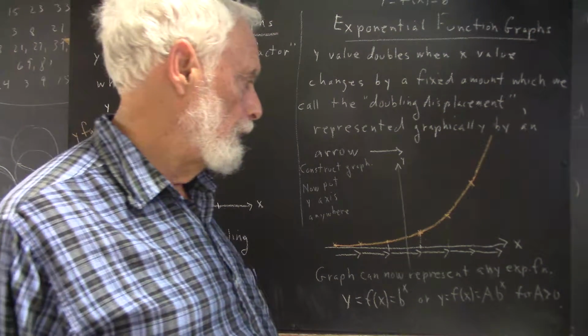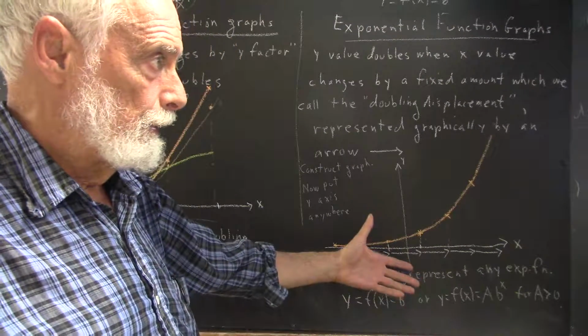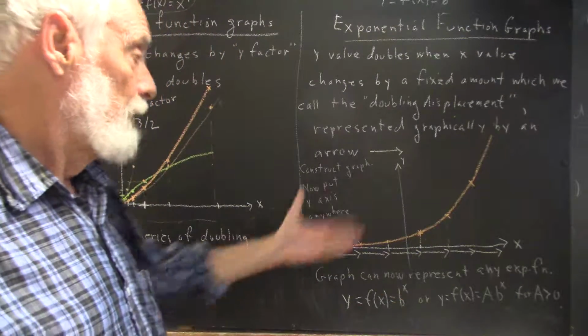If there's a negative value of a, then the graph is just flipped over upside down.